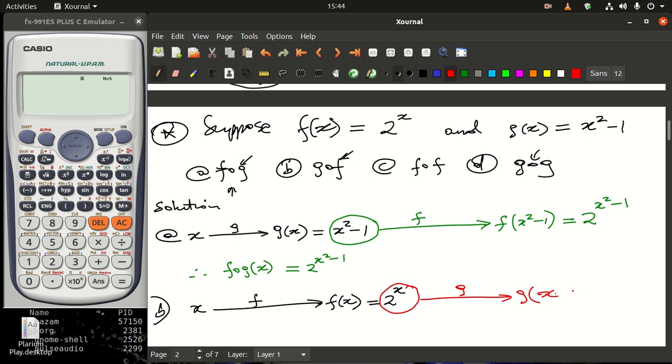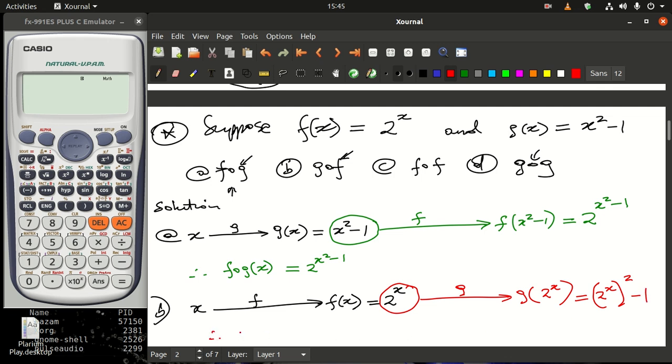We were supposed to get g of x, but what we are plugging in here is the output, not that x. So here we end up plugging in 2 to the power x, which is just the same as 2 to the power x, squared, minus 1.